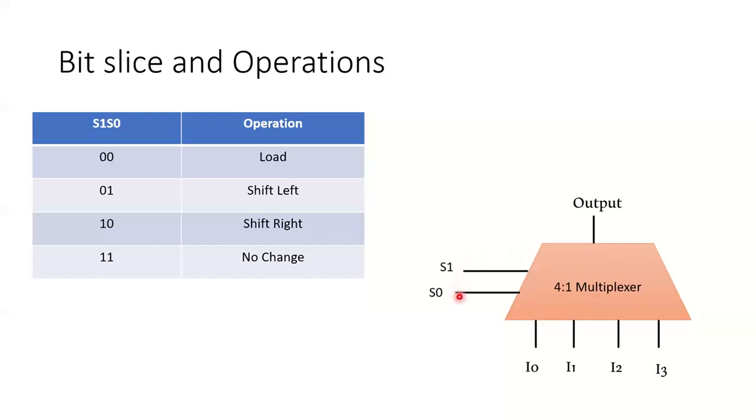If your S1 S0 is 1, which is 0, 1, then your first line gets connected to the output, and whatever is here appears at the output. So basically what you're doing is you are selecting out of 4 options, and any of these 4 options can appear at the output depending on the value of the select lines, right?